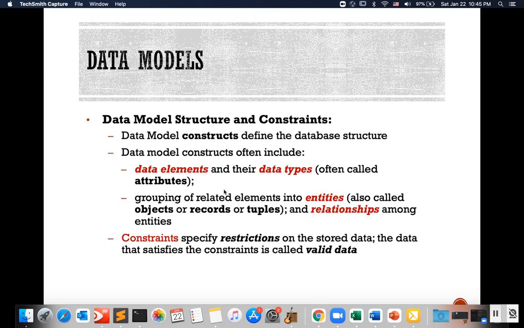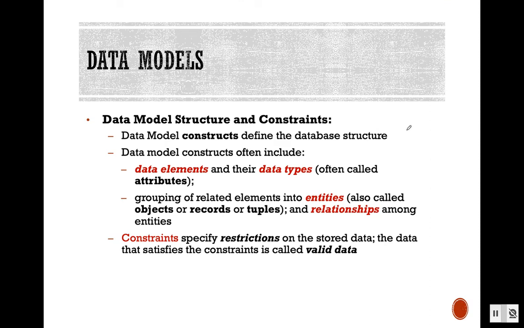In the data model we group the related information, related elements, into one entity. For example, when we have a list of students, say Smith, Jack, and all their information, we group them together and make them one type of entity, which gives us a way to make our database self-describing.